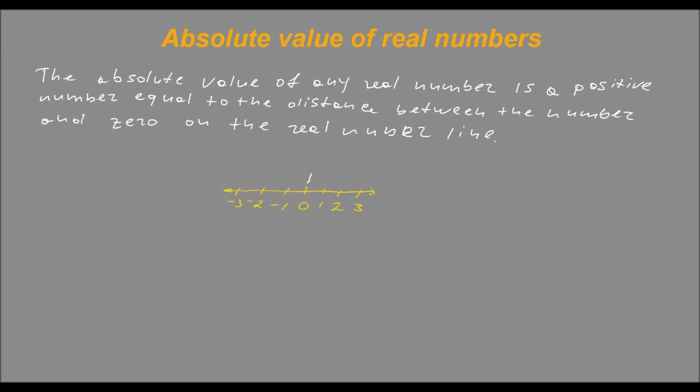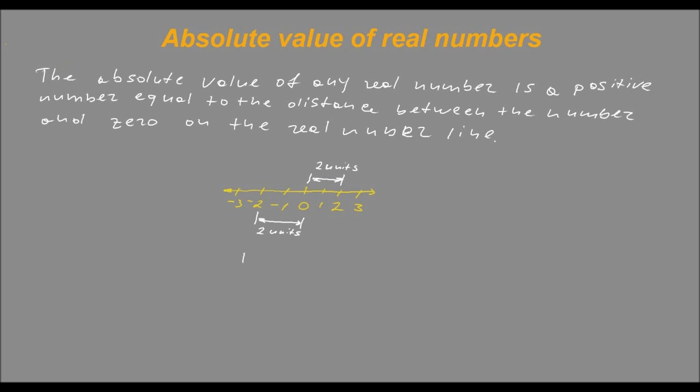So the distance, let's take 2. So this is 2 units. And what about -2? Those are also 2 units. What does it mean?